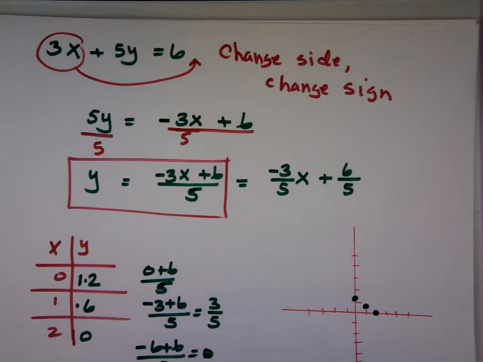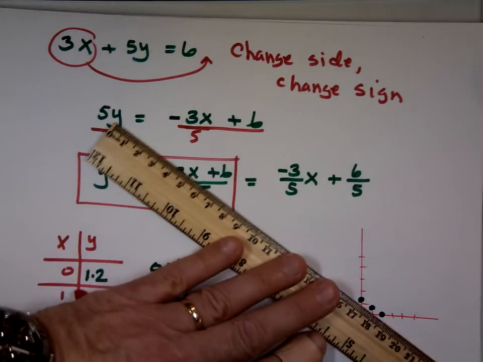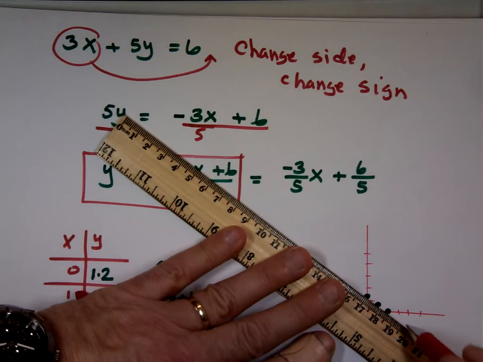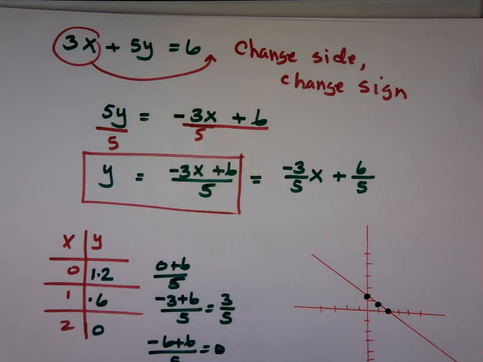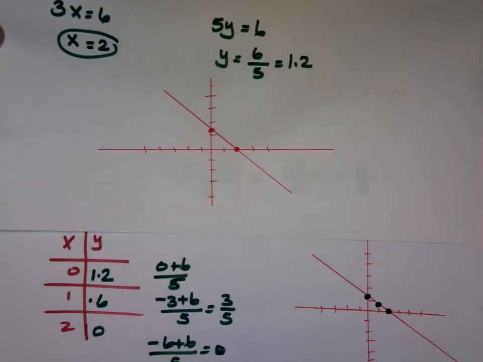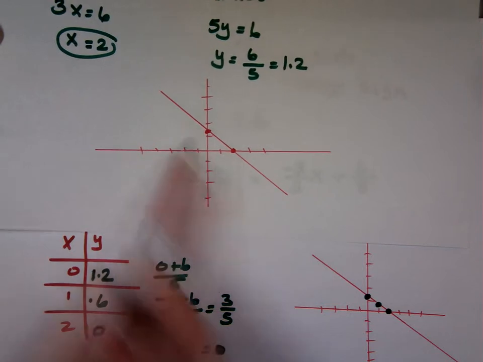And notice they do make a straight line, so when you connect the 3 points, that's the graph I'm looking for. Does that look like the other one? Look at this graph. Same thing, except my scale is bigger here.